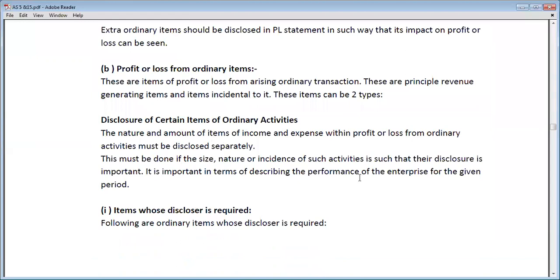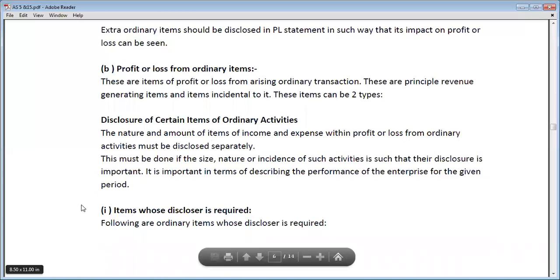So let's see, disclosure of certain items of ordinary activities. The nature and amount of items of income and expenditure within profit or loss from ordinary activities may be disclosed separately. This must be done if the size, nature, or incidence of such activity is such that the disclosure is important in terms of describing the performance of the enterprise for the given period.